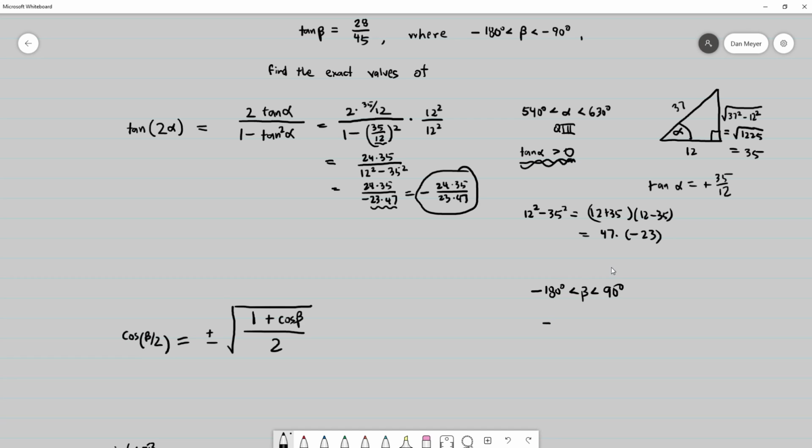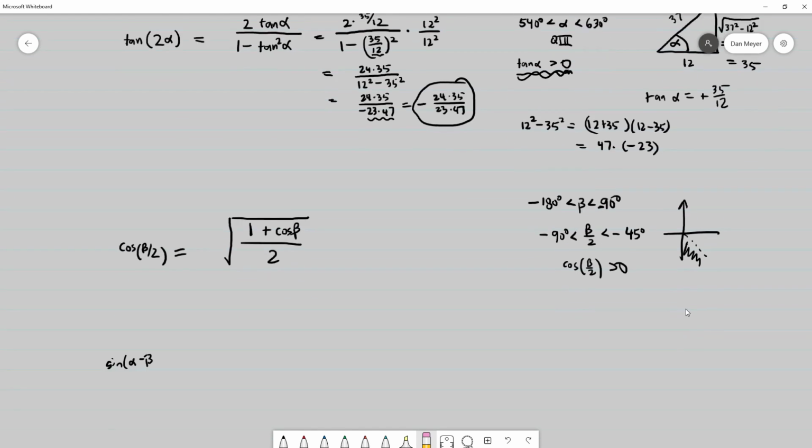So if I divide everything by 2, I get that beta over 2 is between negative 90 degrees and negative 45 degrees. So that's somewhere in this range. But more importantly, we're in the fourth quadrant. So cosine of beta over 2 is going to be positive. All right, so we can get rid of that. We know that we're just going to do the square root of that.